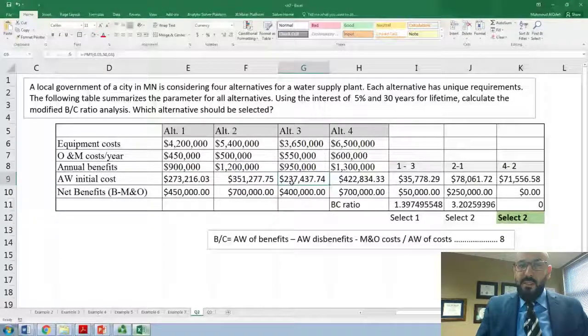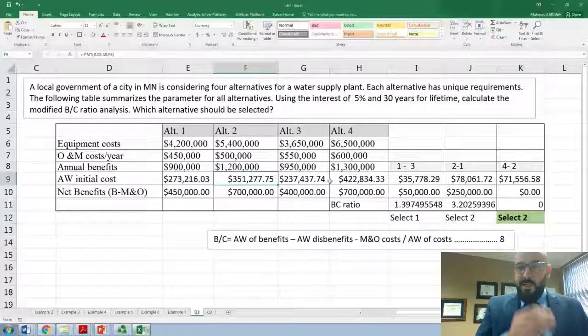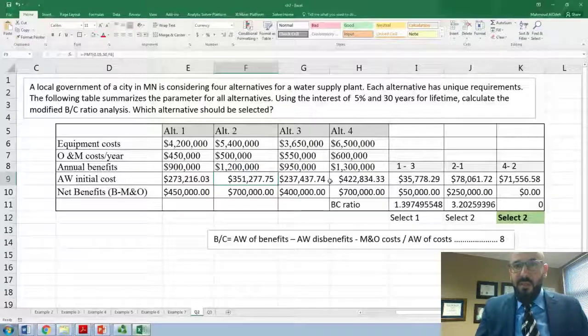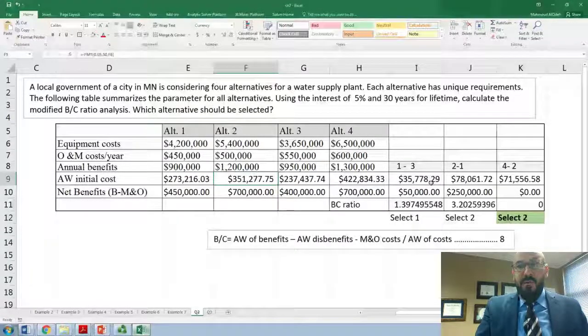This is the lowest initial cost, then alternative 1, then alternative 2, and then alternative 4. And then you start with the first 2 alternatives that have the lowest initial cost. That would be 1 and 3.